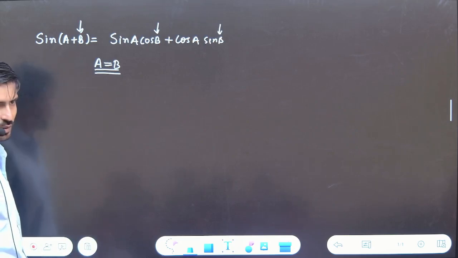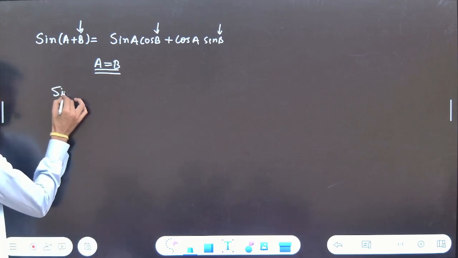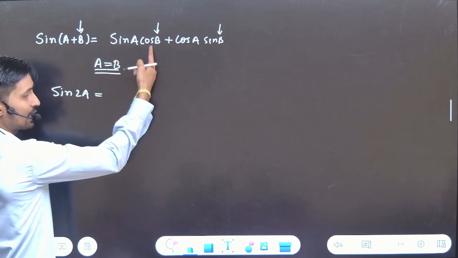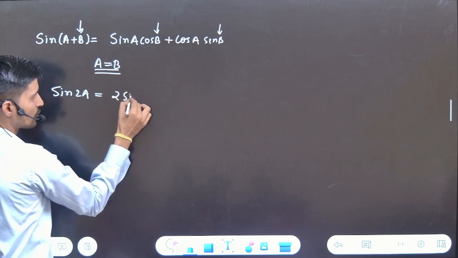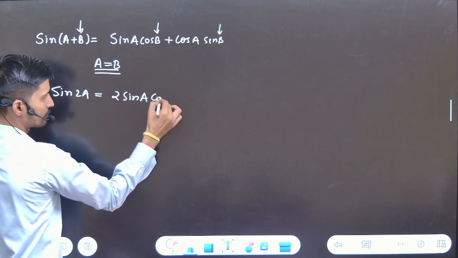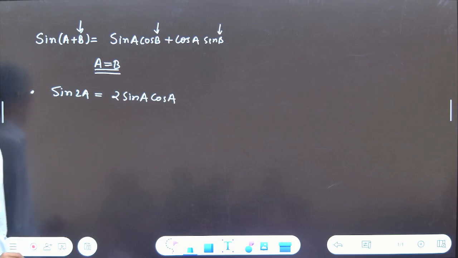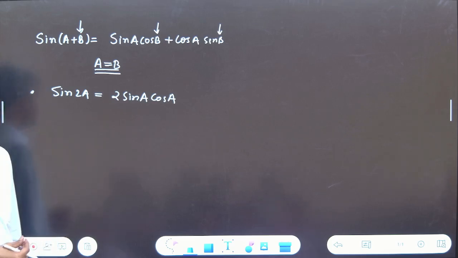So this formula will become sin 2A equals sin A cos A plus cos A sin A, that will become 2 sin A cos A. Understood everyone?